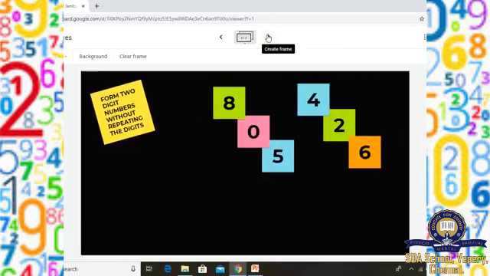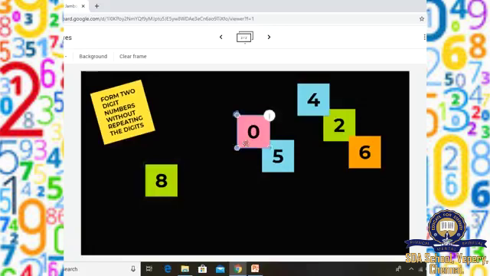Here is an activity. Form two-digit numbers without repeating the digits. The digits given here are 8, 0, 5, 4, 2, and 6. We have to form two-digit numbers and we should not repeat the digits.